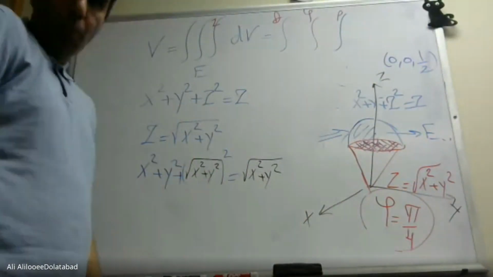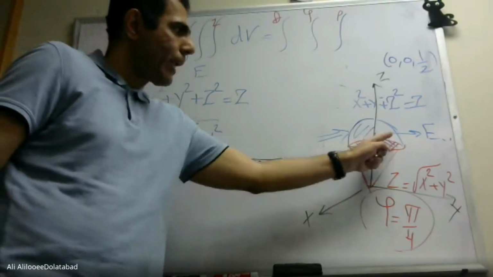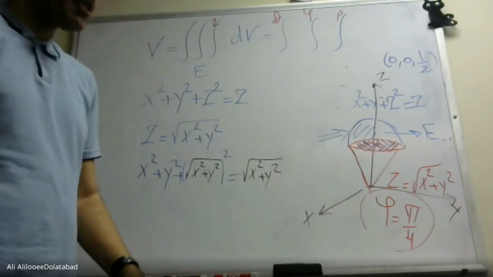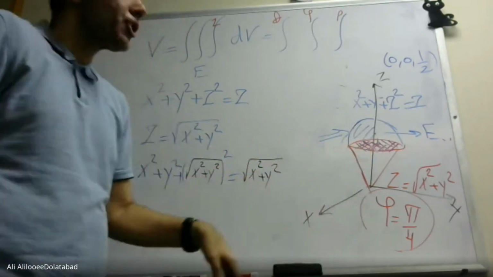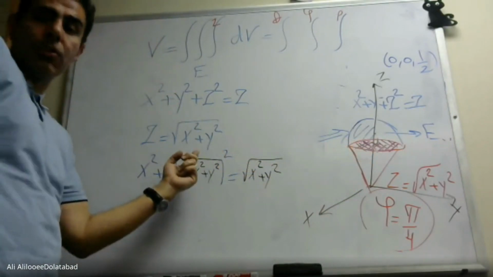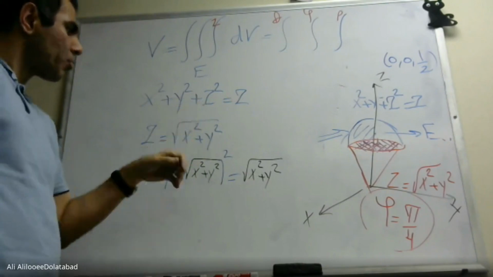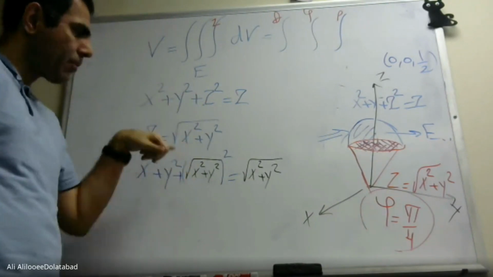Question. My goal is to find the equation of this intersection. Since I want to find the equation of the intersection, here we can say z equals root x squared plus y squared. Everywhere that I had z, I replace z by this one.